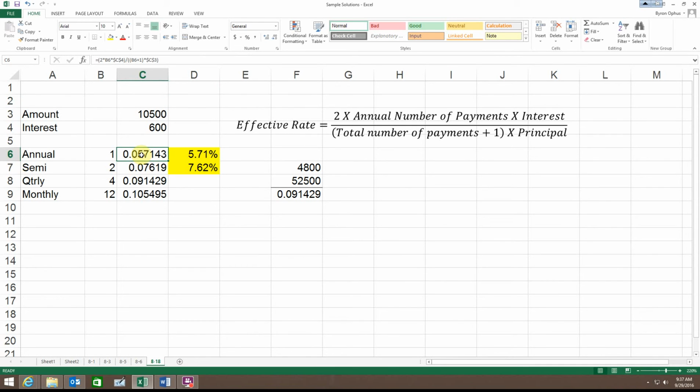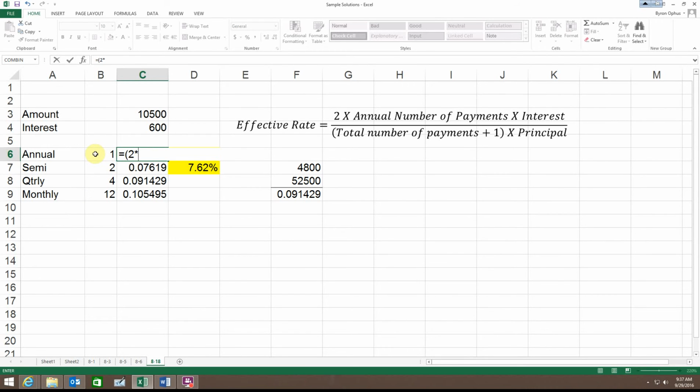So it's equal to, and I'm going to need some parentheses, 2 times the annual number of payments, and you can see I put those in over here: 1, 2, 4, and 12. I think yours are the same: annual, semi-annual, quarterly, or monthly payments. So I did that on purpose.